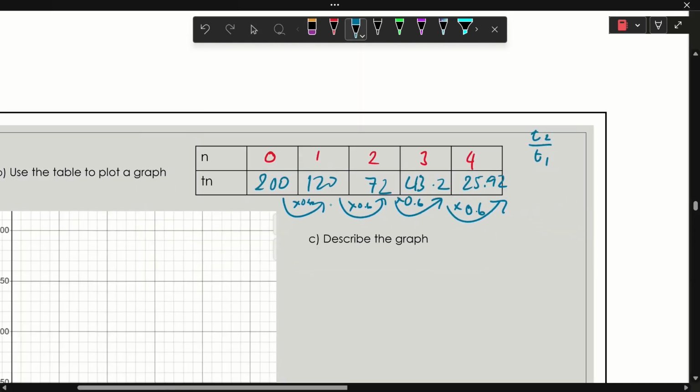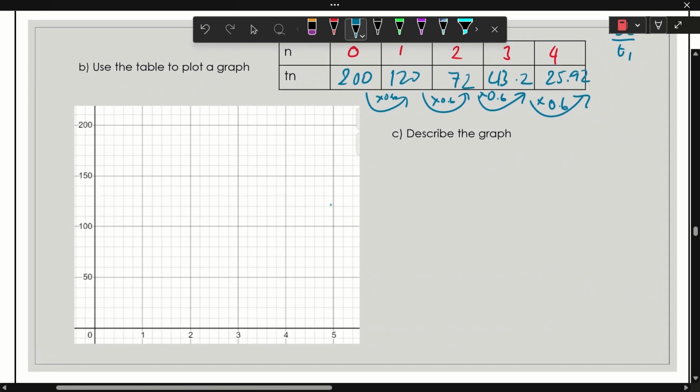Cool. Now we graph this. Yes, it's multiplied by 0.6. All right, now we graph it. The first number is 200, and the axis goes 0 to 100, so my first number is going to be on this line somewhere. Easy. Next one is 120, which should be over here. Number 2 is 72.